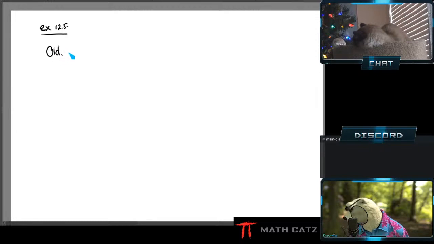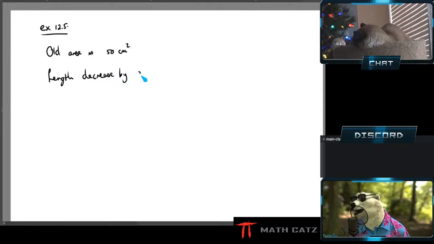Okay, so my original area is 50 square centimeters. They say that the length, the dimensions, decrease by 25%.